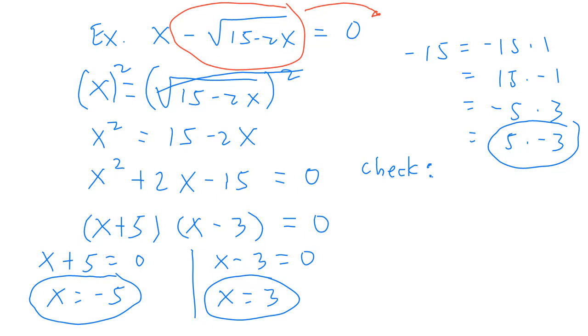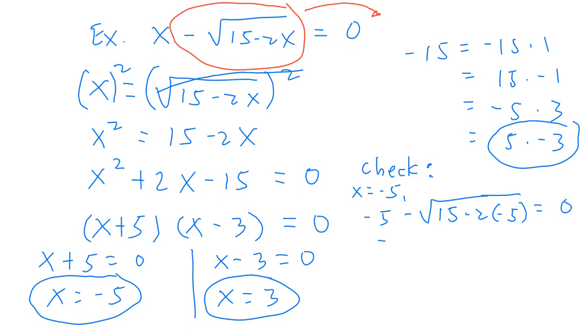Okay, so are these two answers valid or not? So let's start with negative 5. So when x is equal to negative 5, you plug that in to the original equation, you'll get negative 5 minus the square root of 15 minus 2 times negative 5, equals 0.